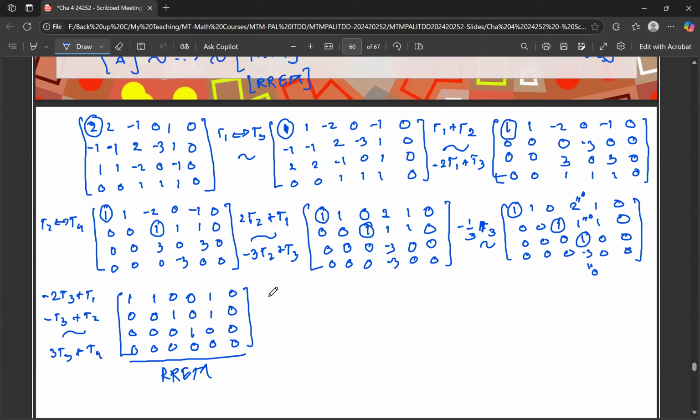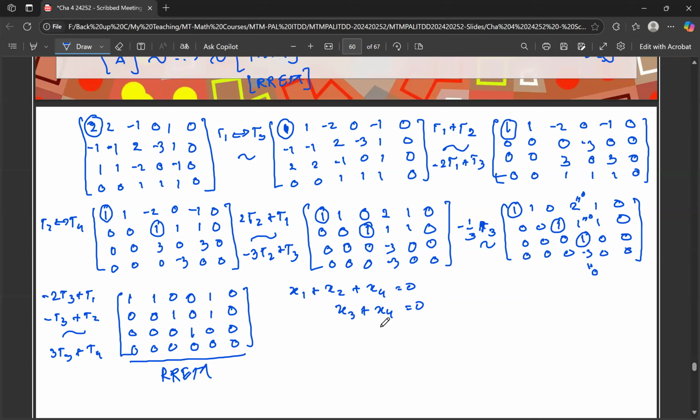Then we go back to the system. We have x1 plus x2 plus x5 is equal to 0. The second is x3 plus x4 is equal to 0.